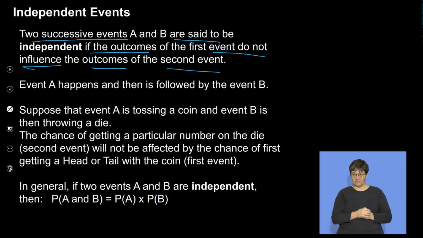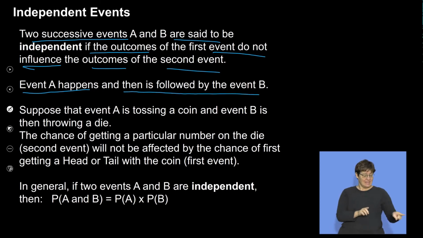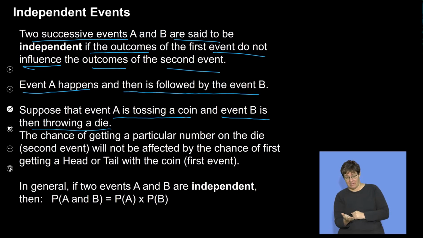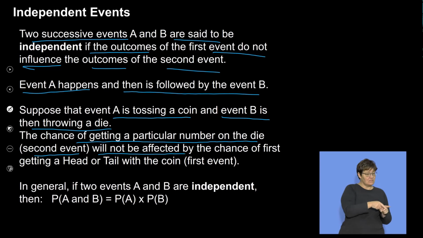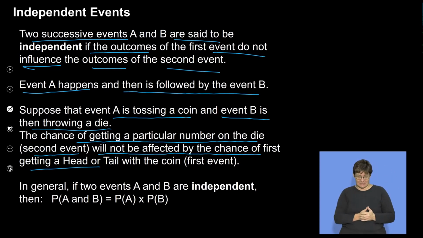Event A happens, then is followed by event B. Suppose that event A is tossing a coin and event B is throwing a die. The chance of getting a particular number on a die, the second event, will not be affected by the chance of getting head or tail with the coin, the first event.